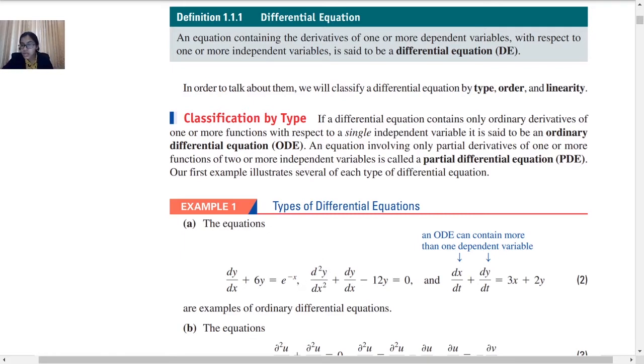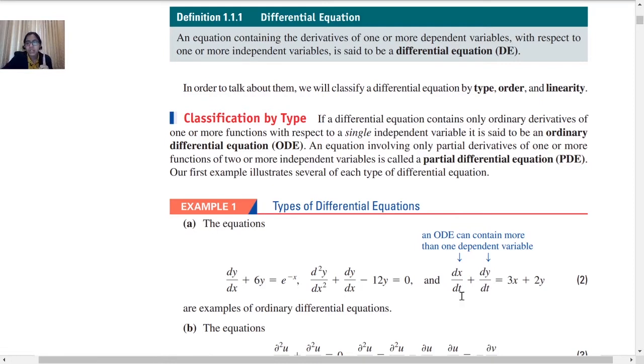Now in the last one, dx by dt plus dy by dt is equal to 3x plus 2y. Here also we have ordinary derivatives, and there is only one independent variable t. So ordinary differential equation means there must be only one independent variable.